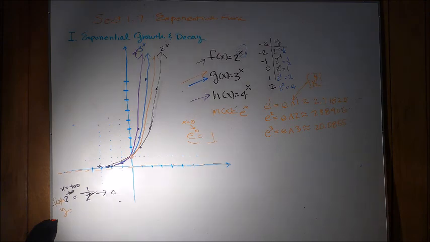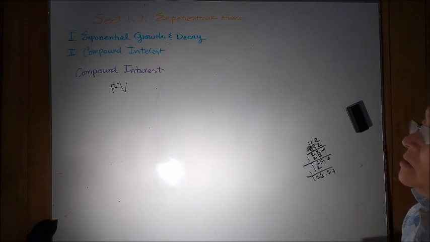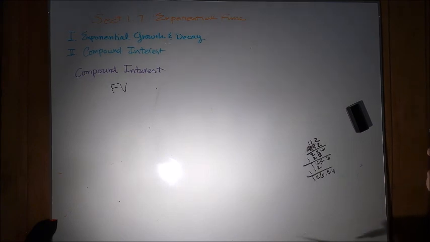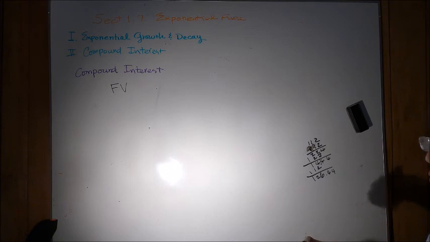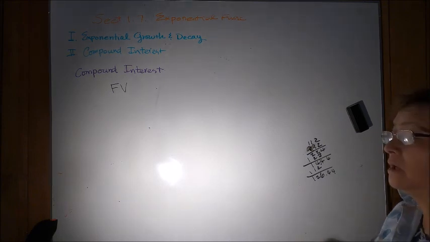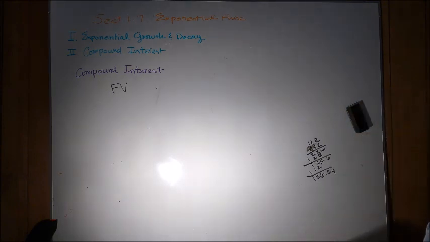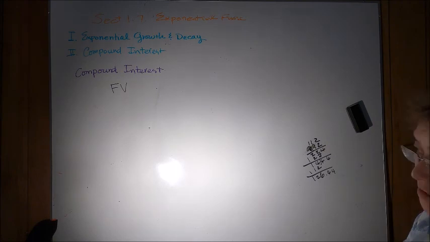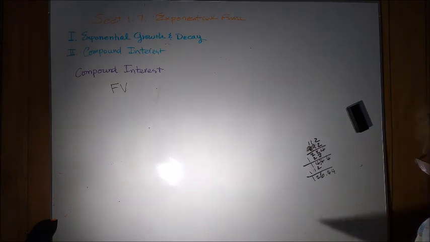Okay. So we are going to talk about compound interest. Compound interest means you earn the interest, then after a certain period of time, you earn interest on the interest. We use FV as the future value.